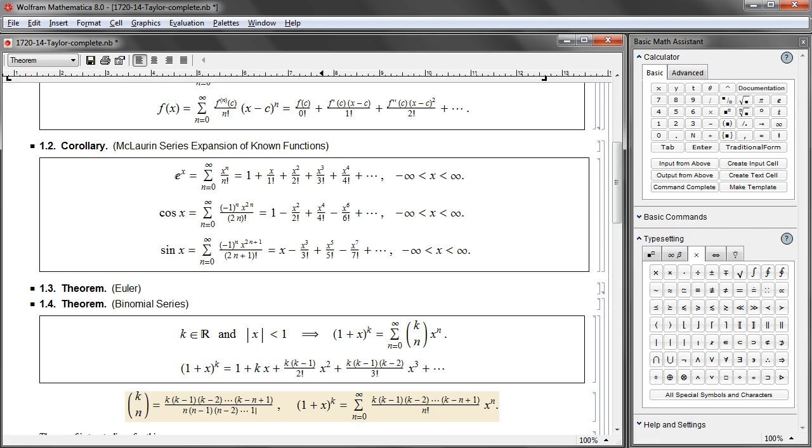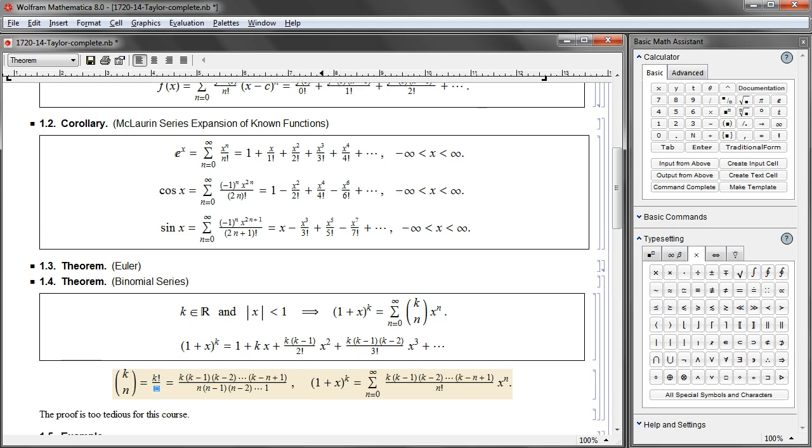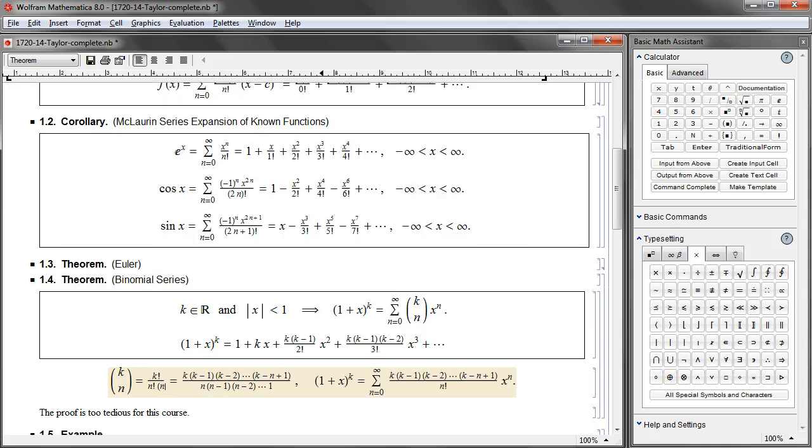When k is a positive integer and also n is a non-negative integer, greater than or equal to 0 and less than or equal to k, then this binomial (k, n) can be written as k factorial over n factorial times (k minus n) factorial.